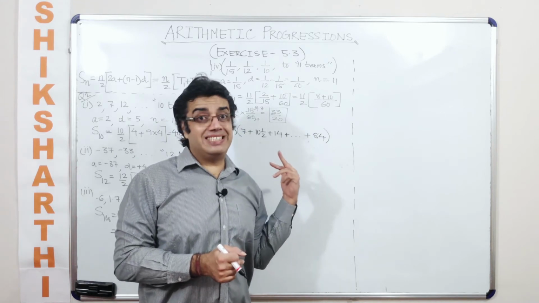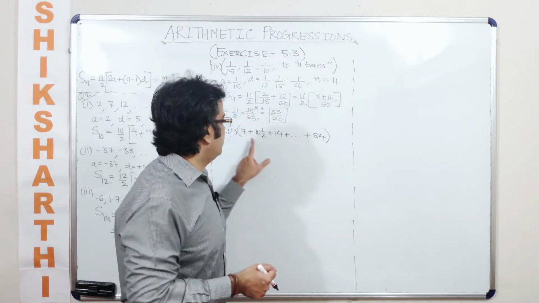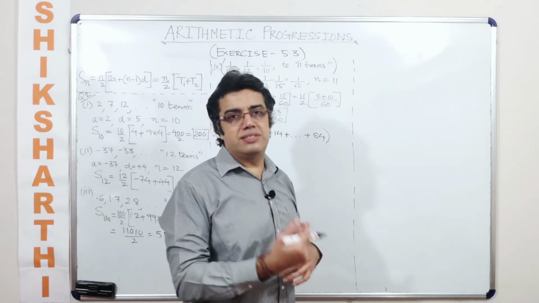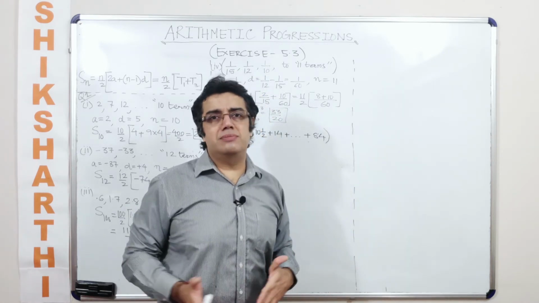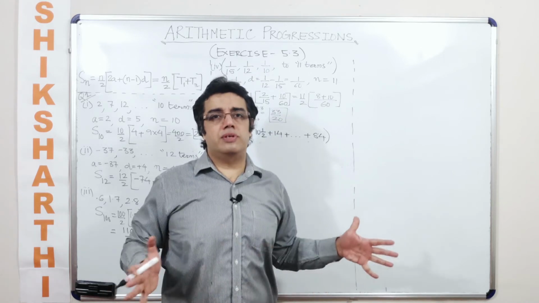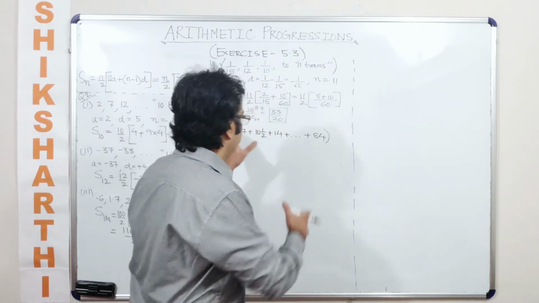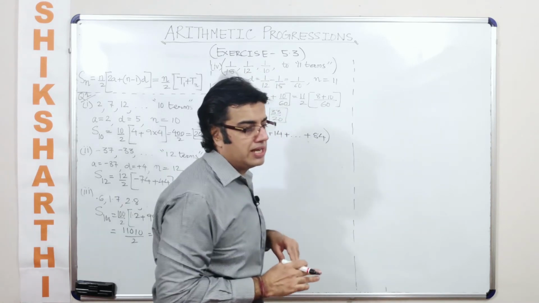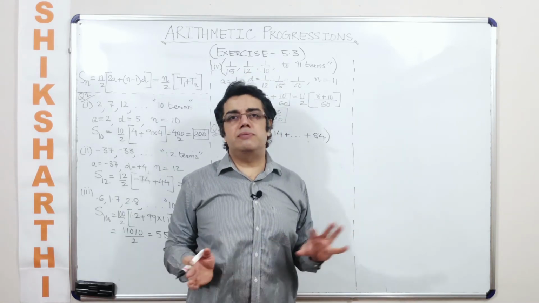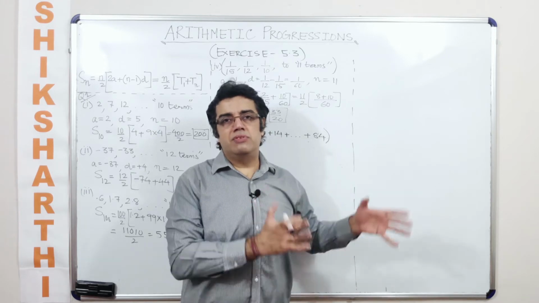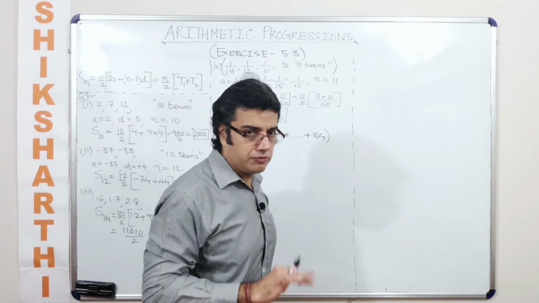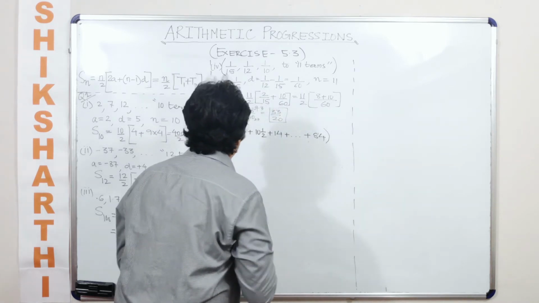That is arithmetic series. But the moment you talk about progression, that means you're talking about finding out the sum for, let's say, the first 5 terms, all the terms, whatsoever. So this representation is arithmetic progression, and any other representation which has a comma in between and the terms are connected with the help of a common difference will be known as an arithmetic series. For further discussions, please remember this.